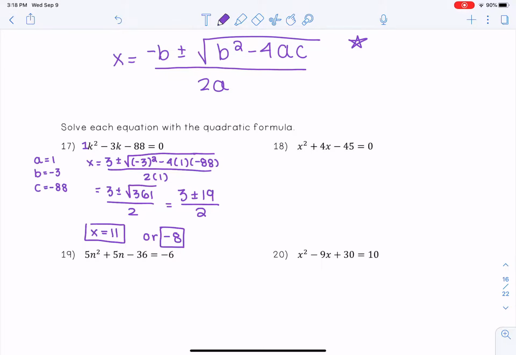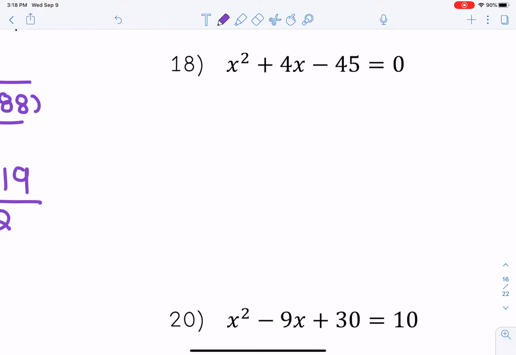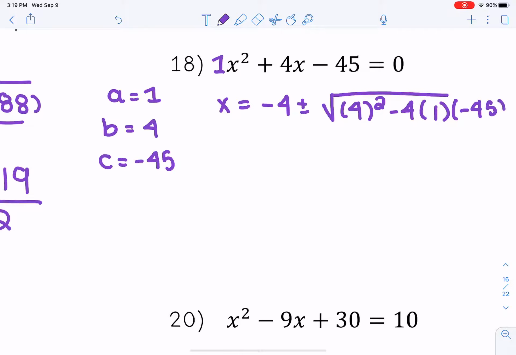Let's try it again for number 18. Again, a is 1, b is 4, c is -45. x is equal to -b plus or minus the square root of b squared minus 4 times a times c, all over 2a.